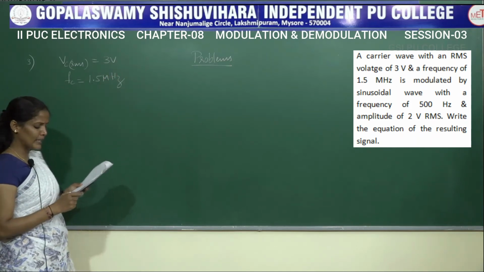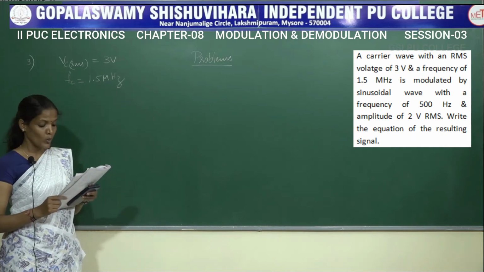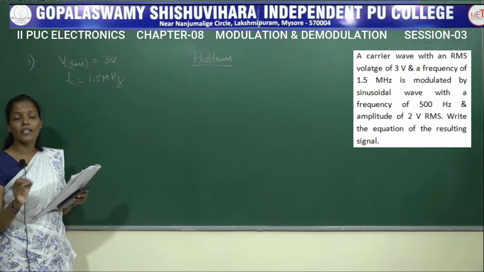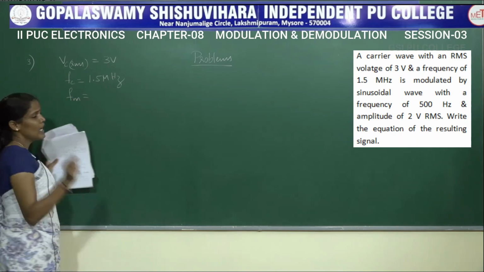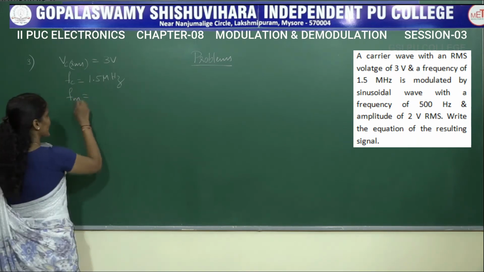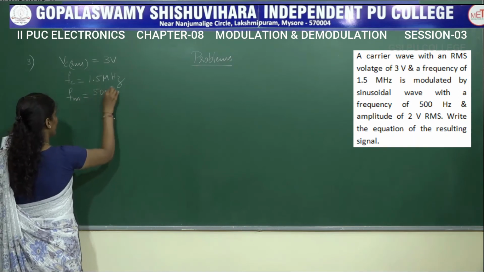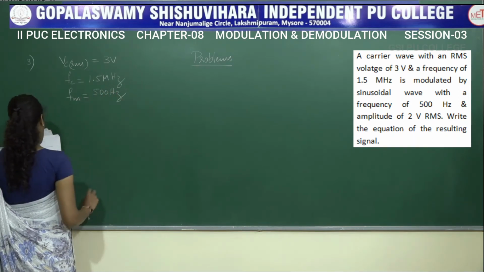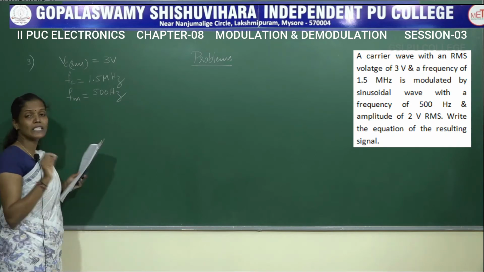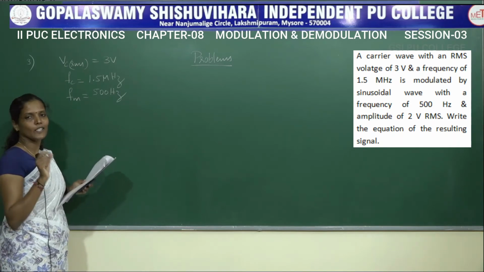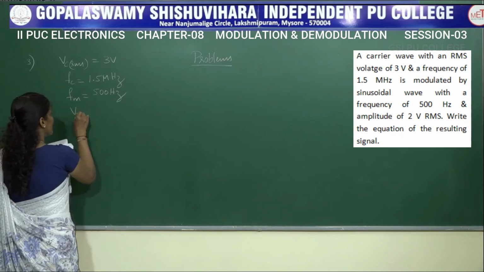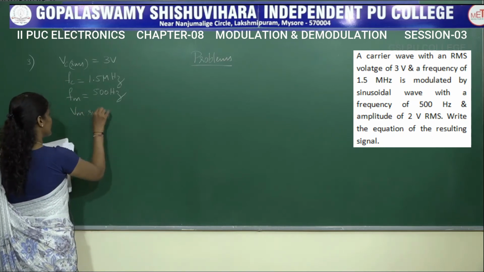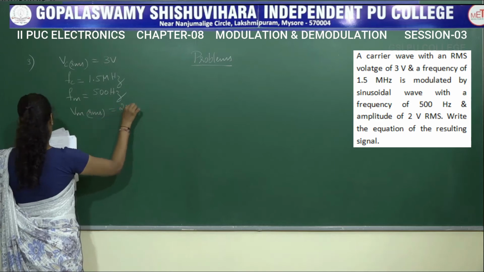Is modulated by a sinusoidal wave with a frequency of 500 hertz. The modulating signal frequency FM is equal to 500 hertz and amplitude of 2 volts RMS. Again, the voltage is not given in peak, they have given in RMS. So Vm RMS is equal to 2 volts.